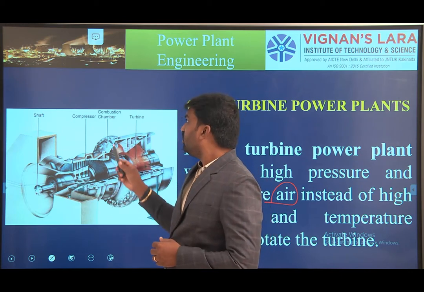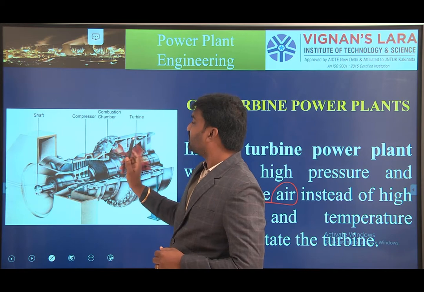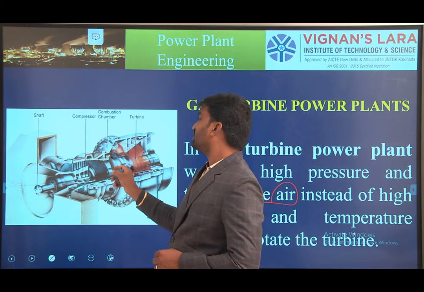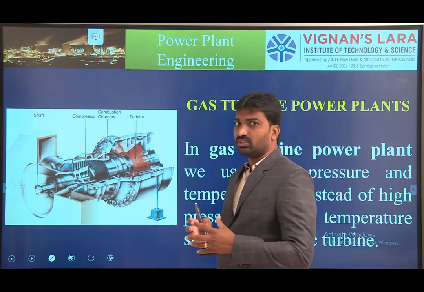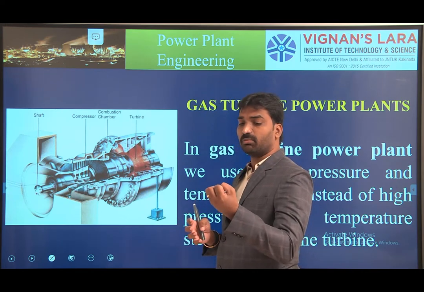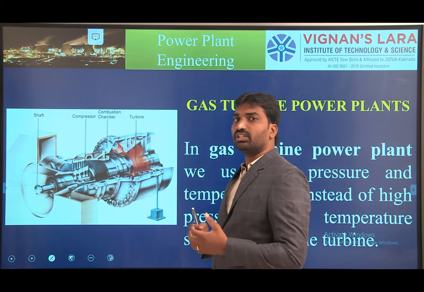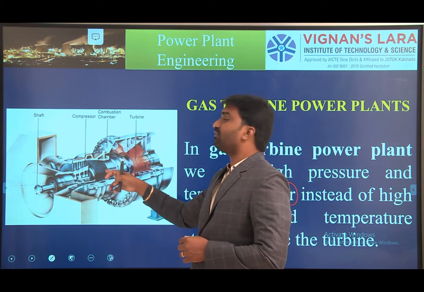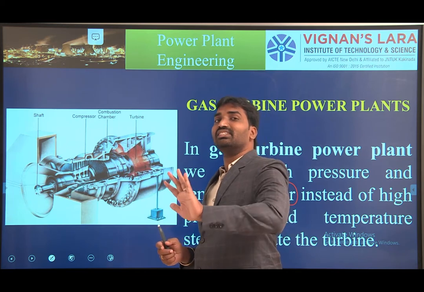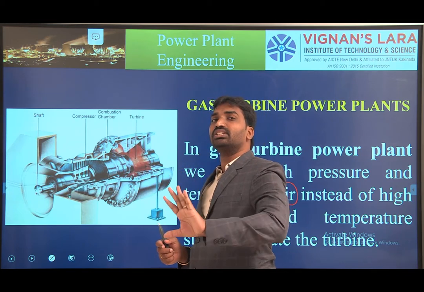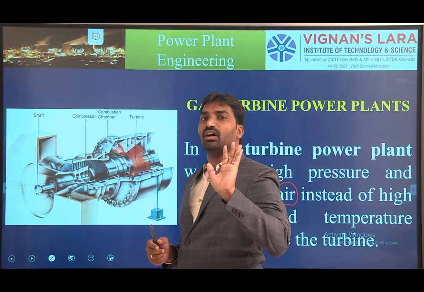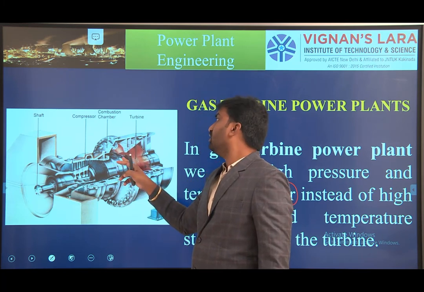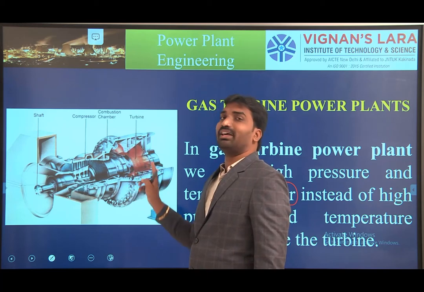Here the combustion takes place with the compressed air and the fuel entering. The compression process gives high temperature and pressure, and these high temperature and pressure gases are burned with the help of the fuel. It releases high temperature, high pressure gas, which is useful for moving the turbine.